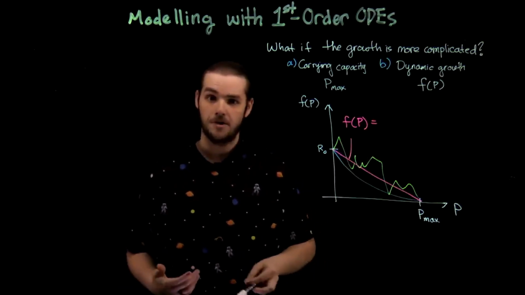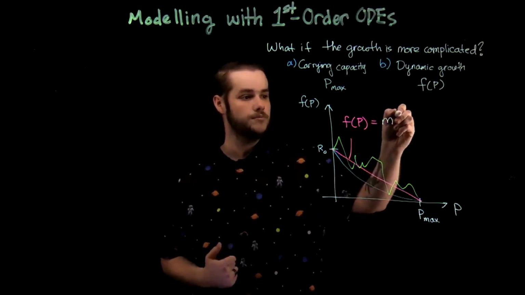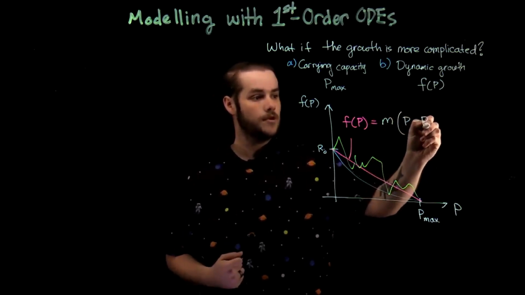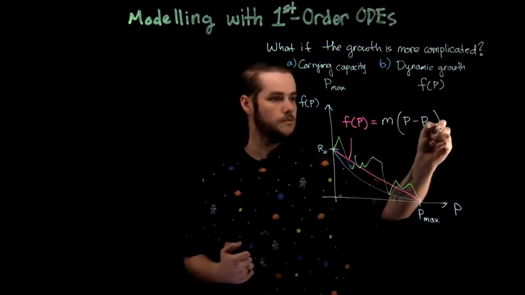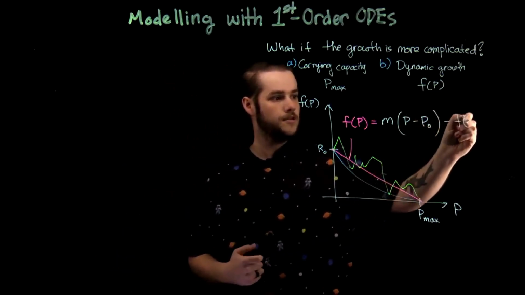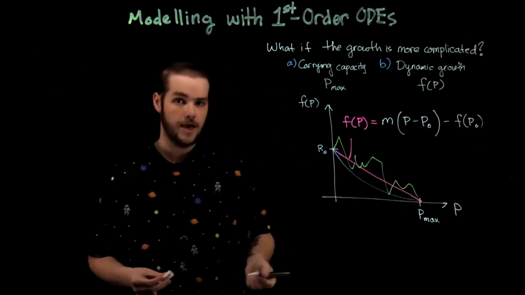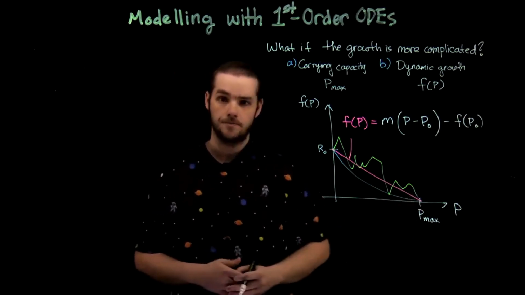Well, I know from algebra that the equation of this line is going to be the slope of the line times p minus a point on the line minus the y value there. And one point that I happen to know is on that line is p max comma 0.